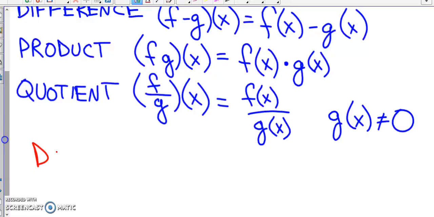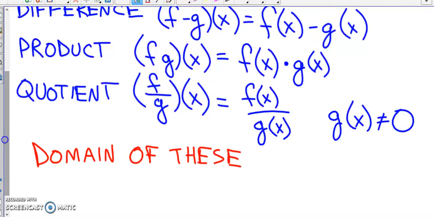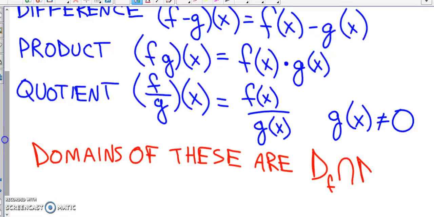So the domains of these, I think that's grammatically correct now, are the domain of F intersected with the domain of G. With the obvious exception of the quotient, where you also have to worry about G not being 0.